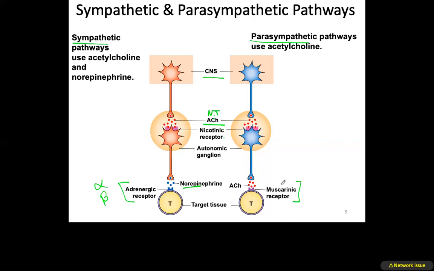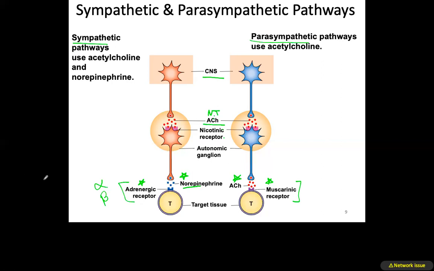So a couple of major differences you need to mark for yourself: the neurotransmitter norepinephrine versus ACH. That's one difference. The other is the target receptors, adrenergic versus muscarinic receptors. So these are the two main differences you see.